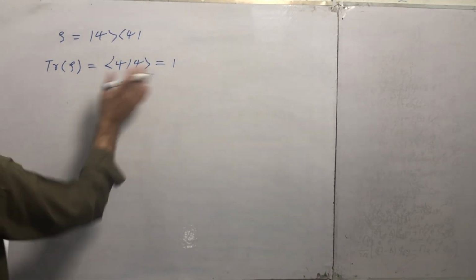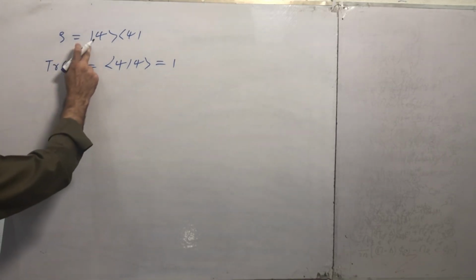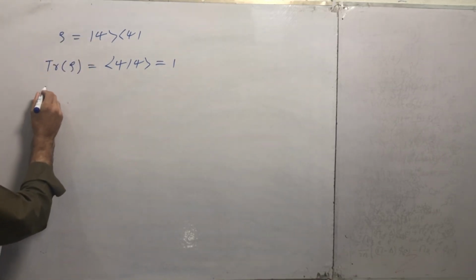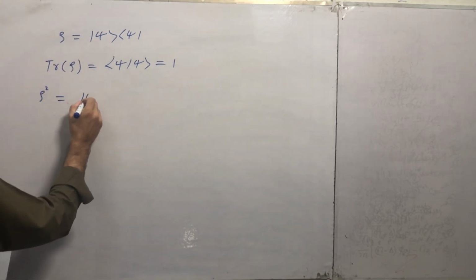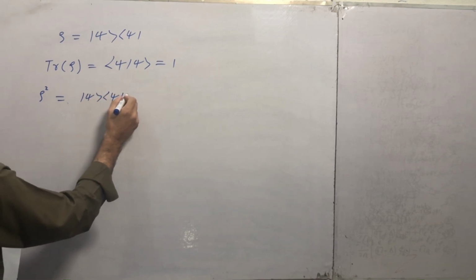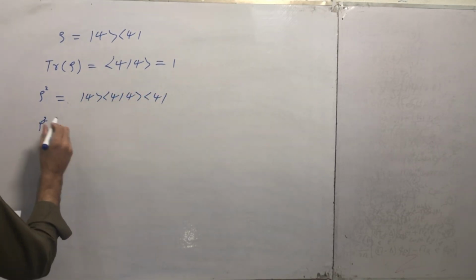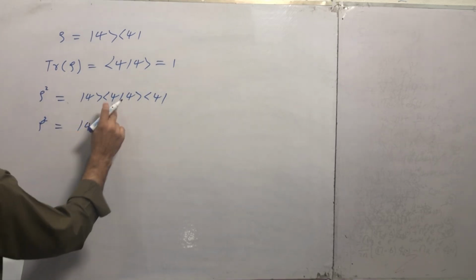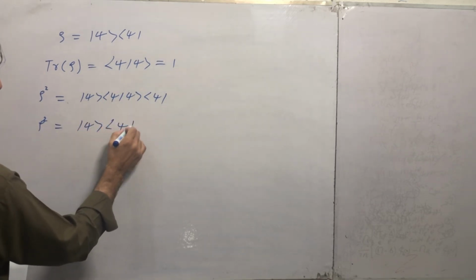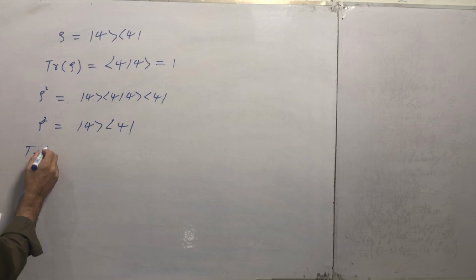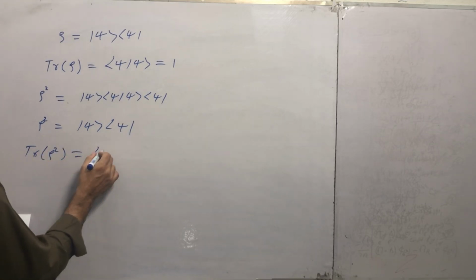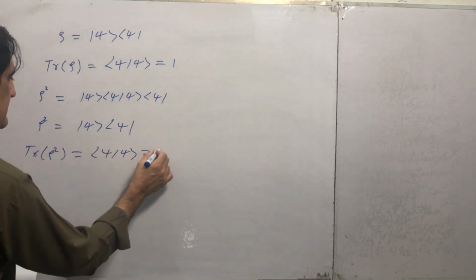If we take the square, rho squared, then rho squared equals |psi><psi|psi><psi|, which is equal to |psi><psi|. Taking the trace of this gives <psi|psi>, which is equal to 1.